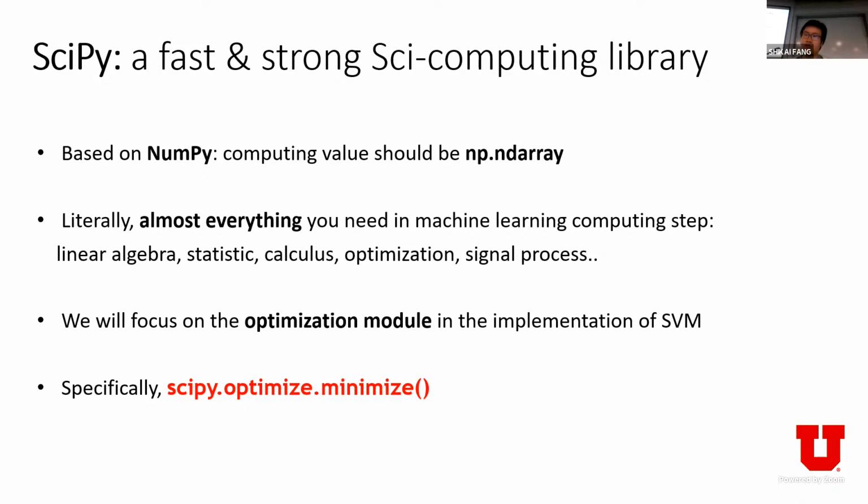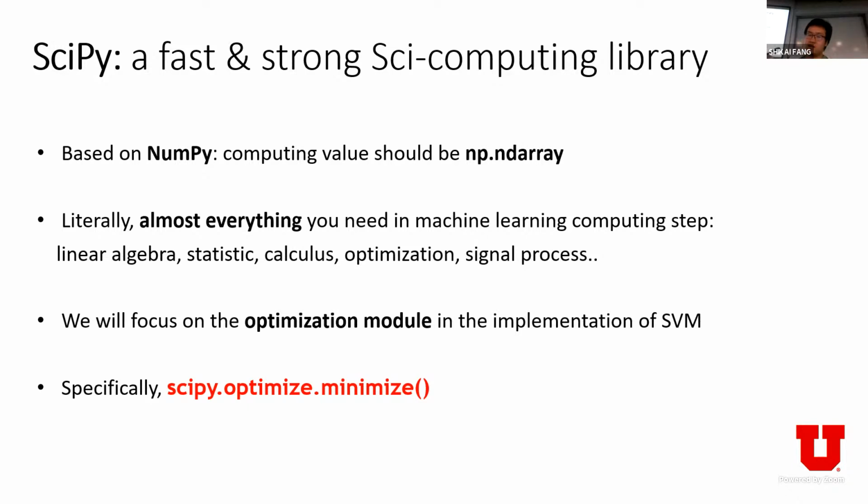But in this course, we don't want you to go through everything about SciPy, just focus on the optimization module in SciPy. Why? Because in next week's or the following week's lecture, you will start to learn the SVM, the support vector machine, and you have to implement it by yourself. The key point to implementing the SVM is the optimization functions in SciPy.